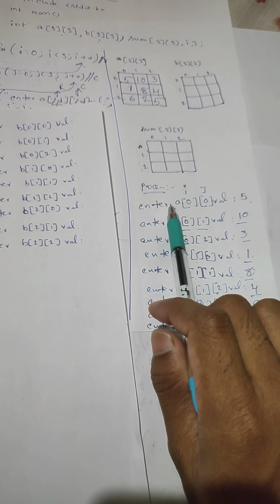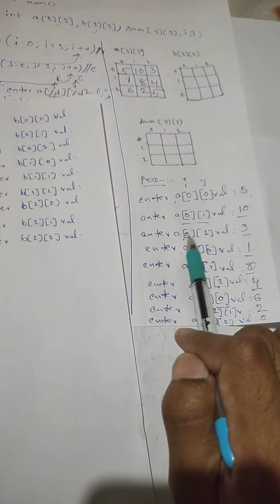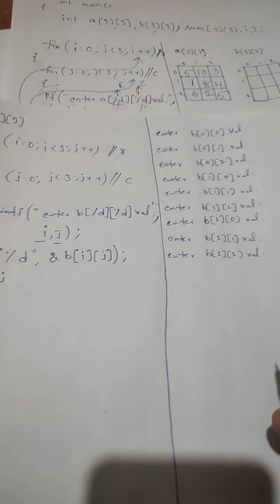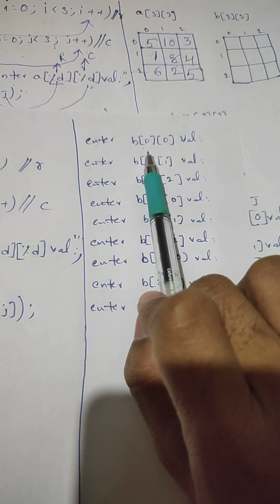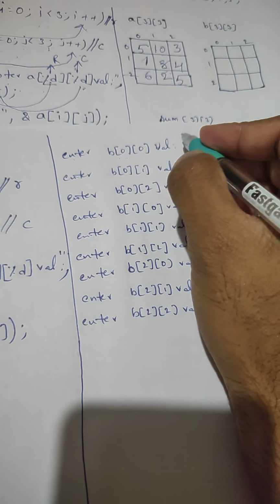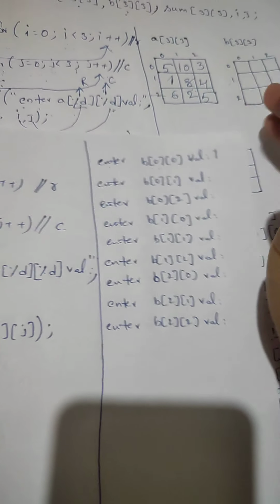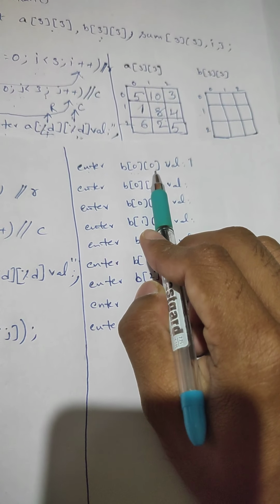So here the A matrix first values are A of 0 0 value, A of 0 1 value, A of 0 2 value. Like that, this B matrix also displays the values in the same manner. Enter B of 0 0 value. Here I am inserting, for example, the value number 1, and in which location is that 1 stored? B of 0th row 0th column.